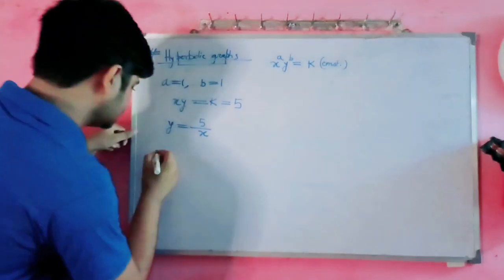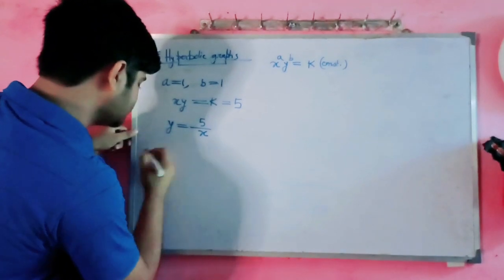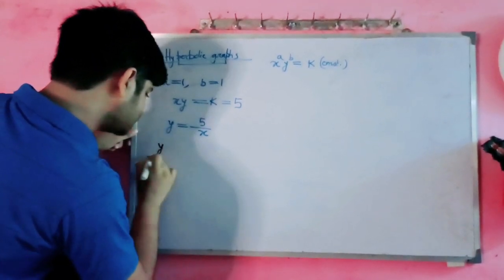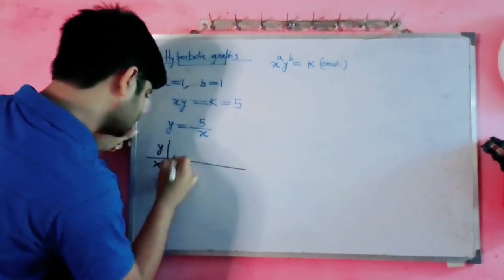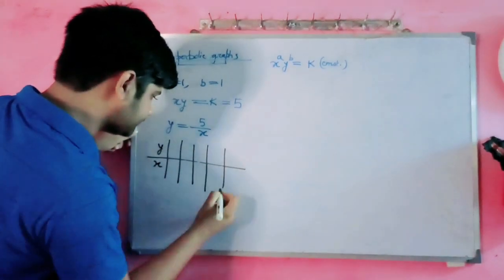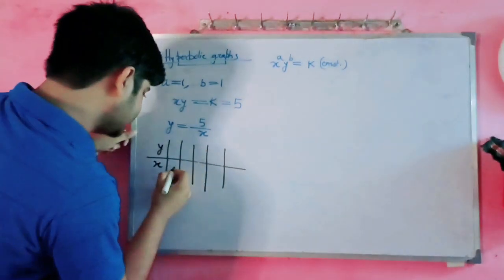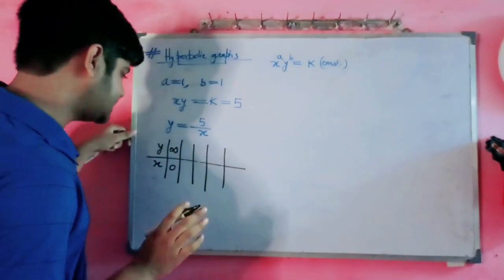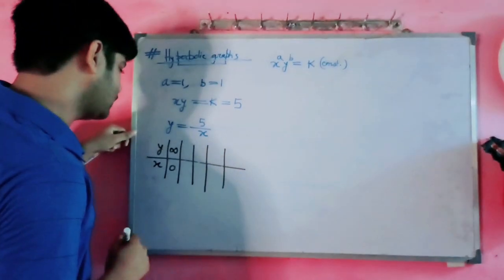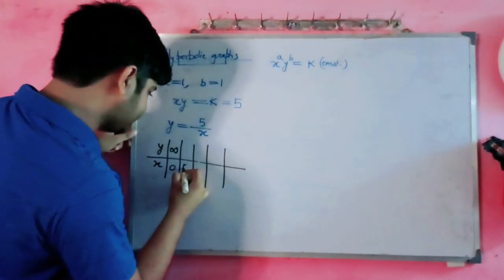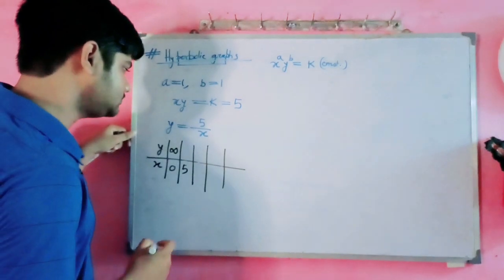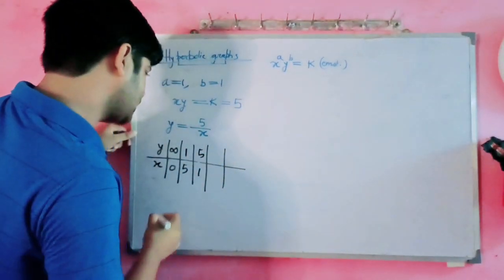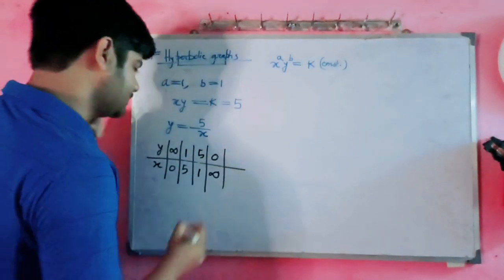We will do the same thing as we did before. One by one we'll put in the values of x and y. Say when x equals 0, y will be infinite, right? When x equals 5, y equals 1. When x equals 1, y equals 5, and when x equals infinity, y equals 0.